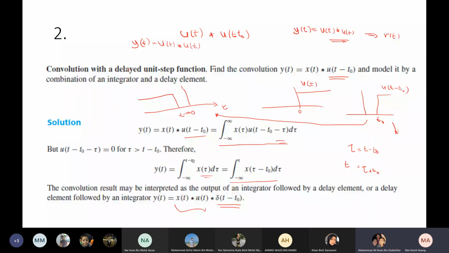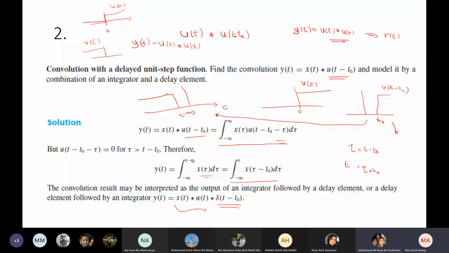So what we did was basically, one is this one at 0. This is u(t). Then another one is actually u(minus tau). Remember? Yeah. So basically it's the same thing. This is similar.